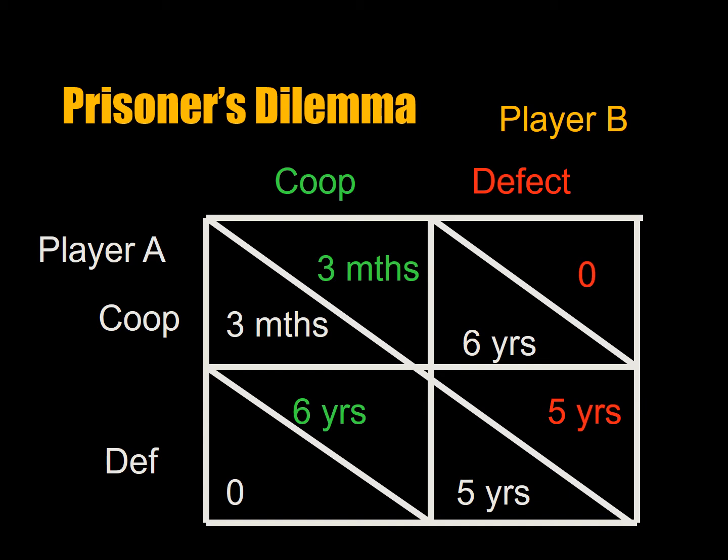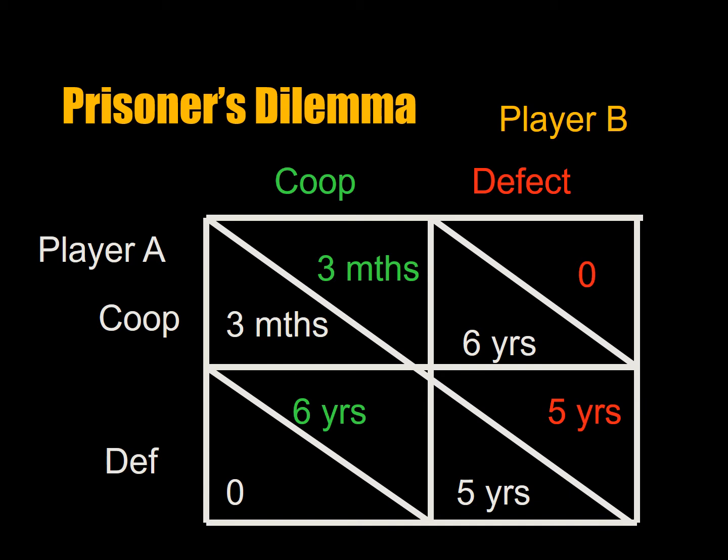So the interrogators working for the police isolate the two prisoners and then tell the prisoners, well, here's a payoff. If you tell us that the other individual was going to rob the bank, we're going to let you go free.